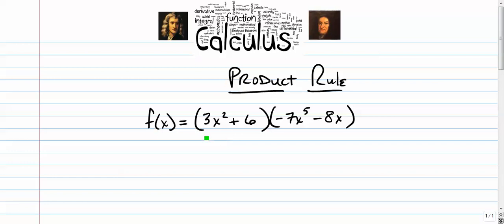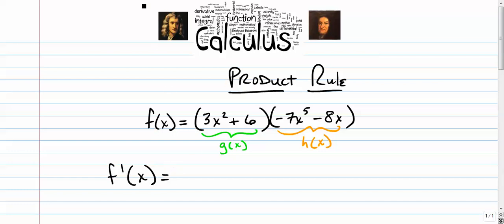All right, what I'm going to do is refer to the first one as g of x and refer to the second one as h of x. So to take the derivative, the product rule tells us f prime x is equal to the first times the derivative of the second.